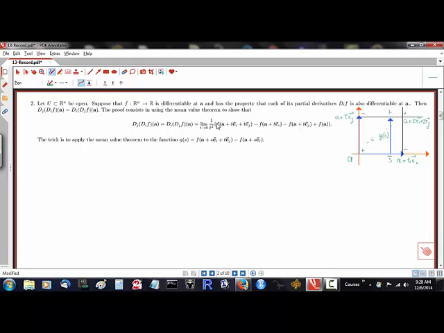What are the first 2 terms here? And what are the second 2 terms? Well, the first 2 terms look an awful lot like g of s, don't they?